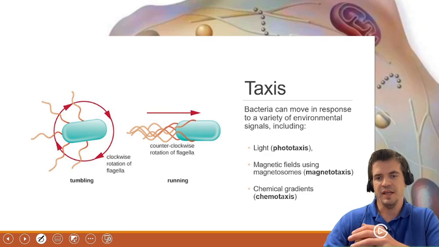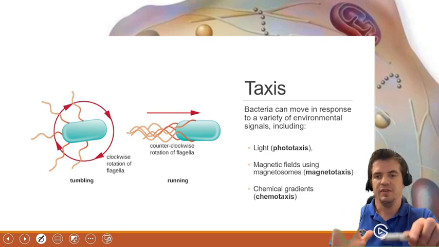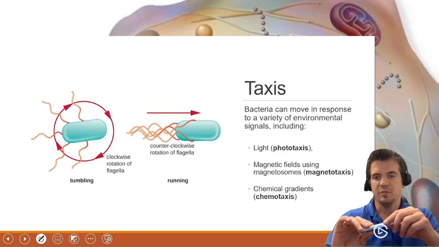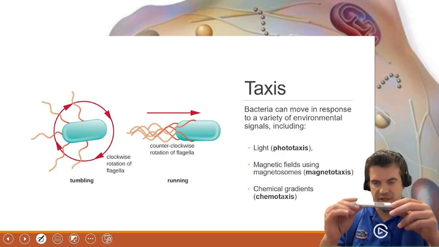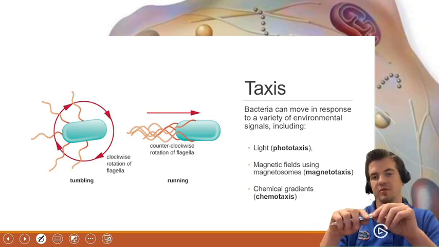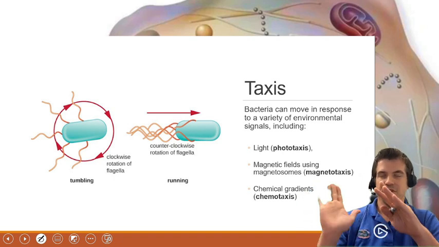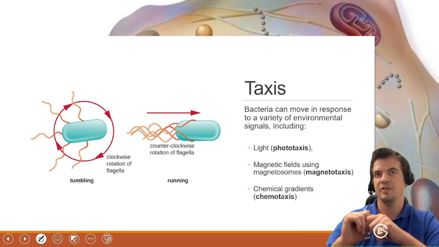That is called taxis, and if they spin clockwise, they can tumble. If they spin in a counterclockwise rotation, they can actually run. And that's just human terms for bacterial movement.